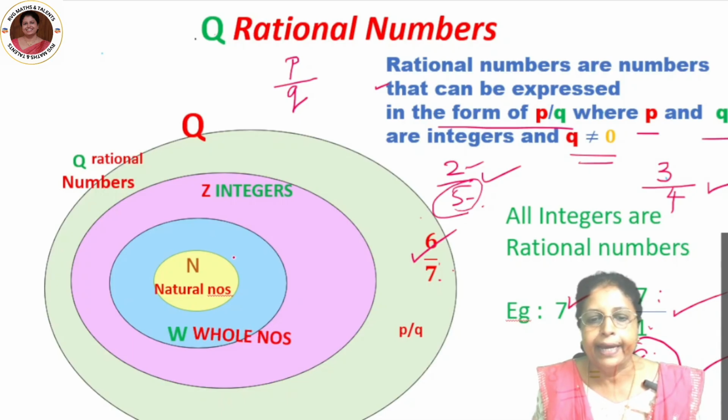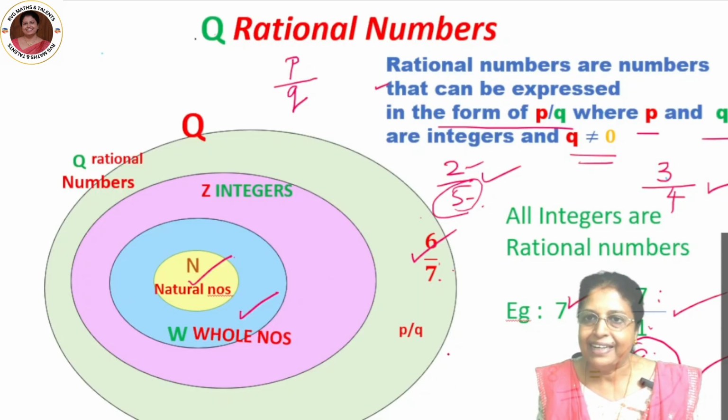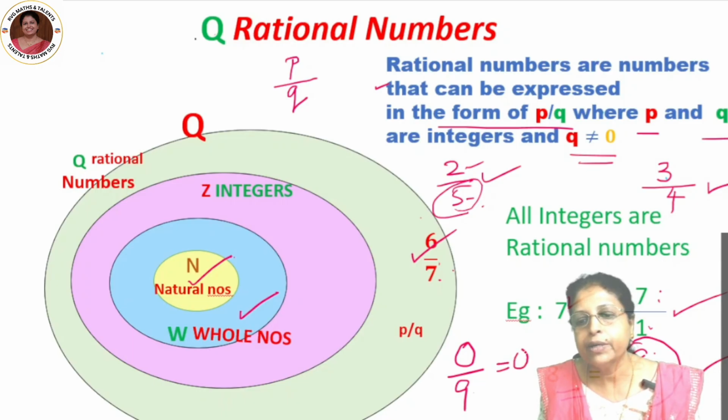That means any natural number is a rational number. What about whole numbers? That's also a rational number. See, you can write 0 over 7. That is 0. See, you can write 0 upon 9. What is it? 0 upon 9 is 0 itself.